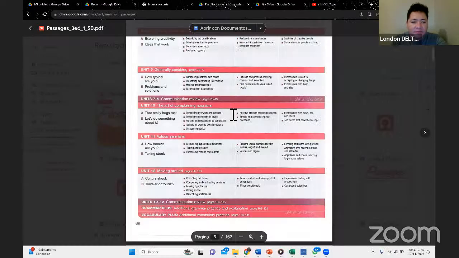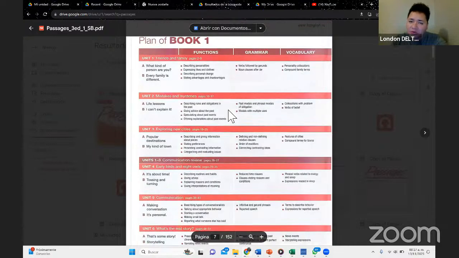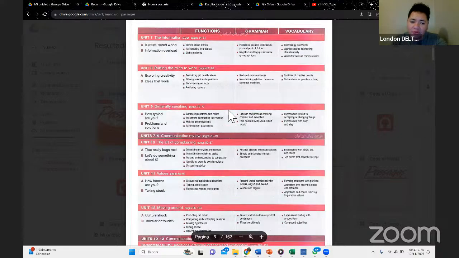We also have a presentation plus, but we explain the PDF, which is the simple version. So these are the units. We have 12 units. Again, we have some part for vocabulary.